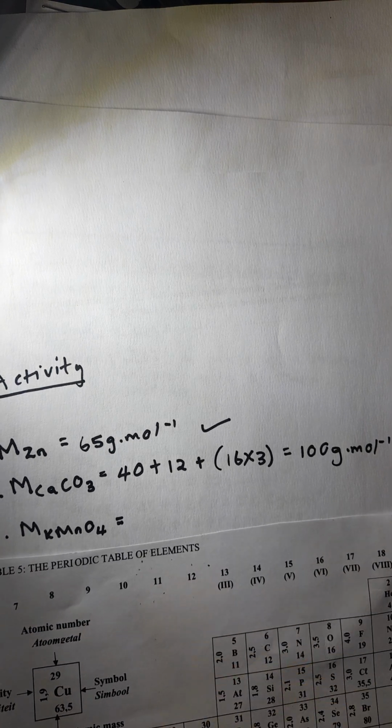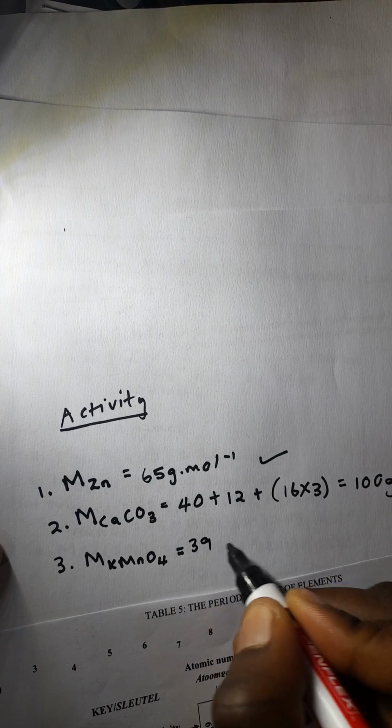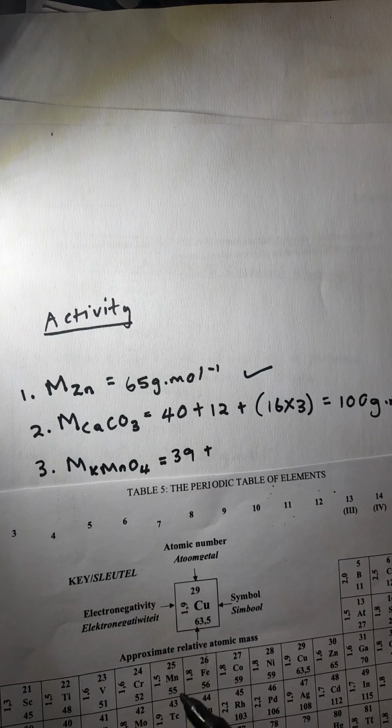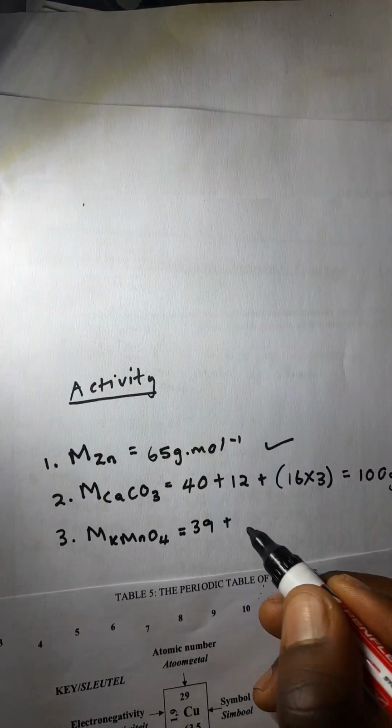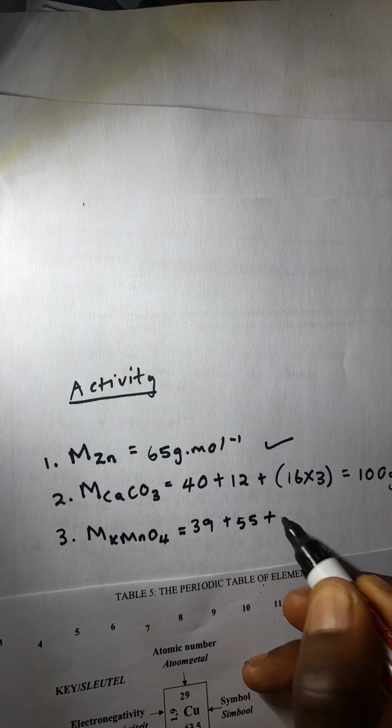All right, let's look at potassium permanganate. What is the molar mass of potassium? It is 39. We are only having one atom of potassium. All right, so it's going to be 39 plus. What is the molar mass of manganese? Okay, manganese is 25 on the periodic table. There we go. It is 55. All right, we're only having one atom, so it's 55 plus.